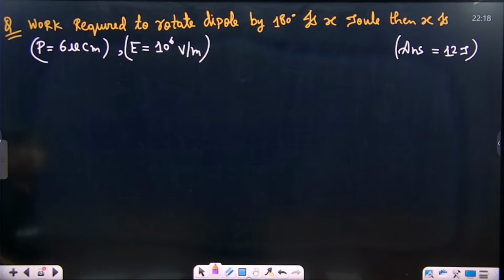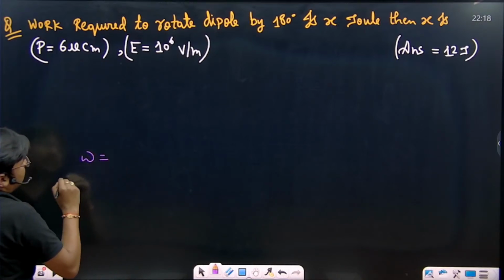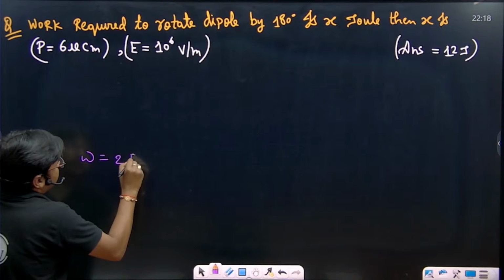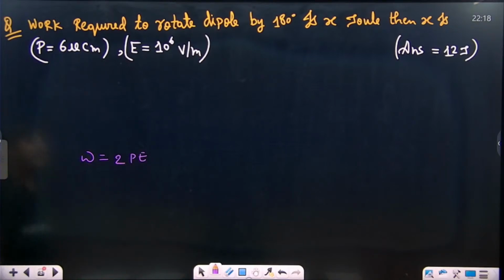Next. Work required to rotate a dipole by 180 degree is X joule. Find X. It's, I think, integer type. This is a direct result again. Can I say work done in this case will be 2 times PE? We have a direct result for this. P is given. What's the value of P given?